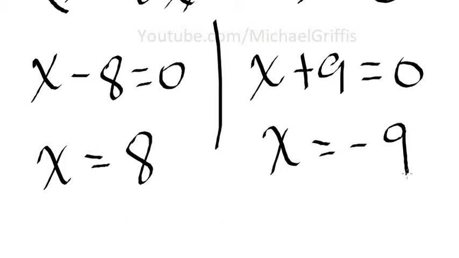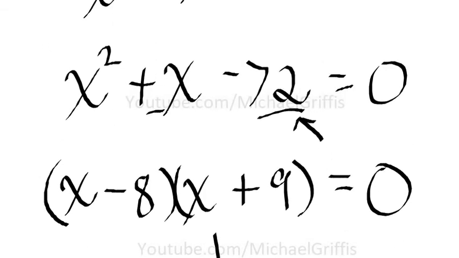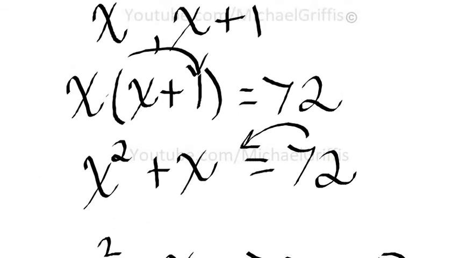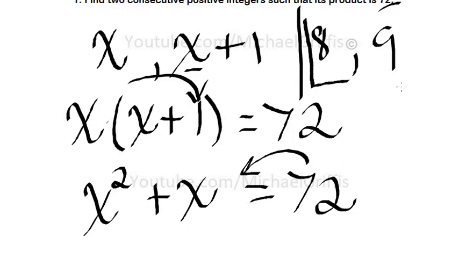Now, we come back up to here, okay? So if x were 8, this would be the first one, then we plug in 8 here. 8 plus 1 is 9. So there's our two consecutive integers, 8 and 9. Okay, two consecutive positive integers.